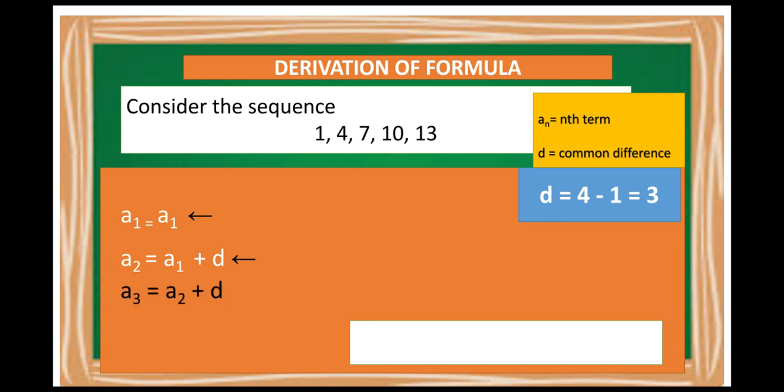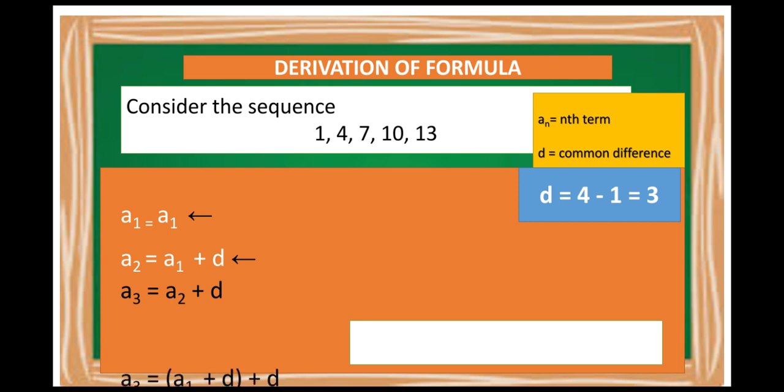The a sub 3, or the third term, is arrived at by adding the second term 4 to the common difference 3. So we get 7. And we also said that a sub 2 is equal to a sub 1 plus d from the previous equation.